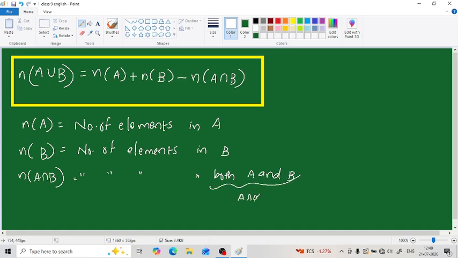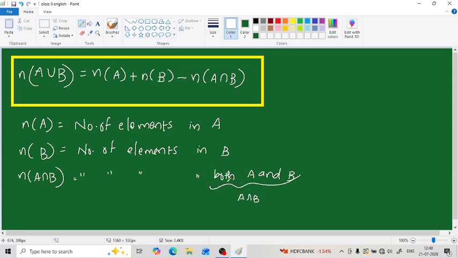Okay, what does this A intersection B mean? It means the elements are present not only in A but also in B. They are present in both A and B because they are the common elements of A and B. That is what the term intersection means.